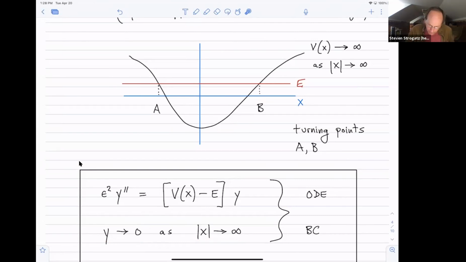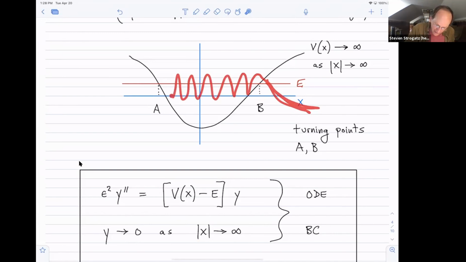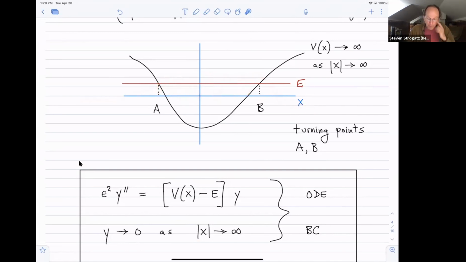And so we're going to have, using the intuition that we discussed earlier, something that looks sort of exponentially decaying on this side. Our y is going to be oscillating in here. And when it goes through this turning point, then it's going to, we hope, exponentially decay on the other side.